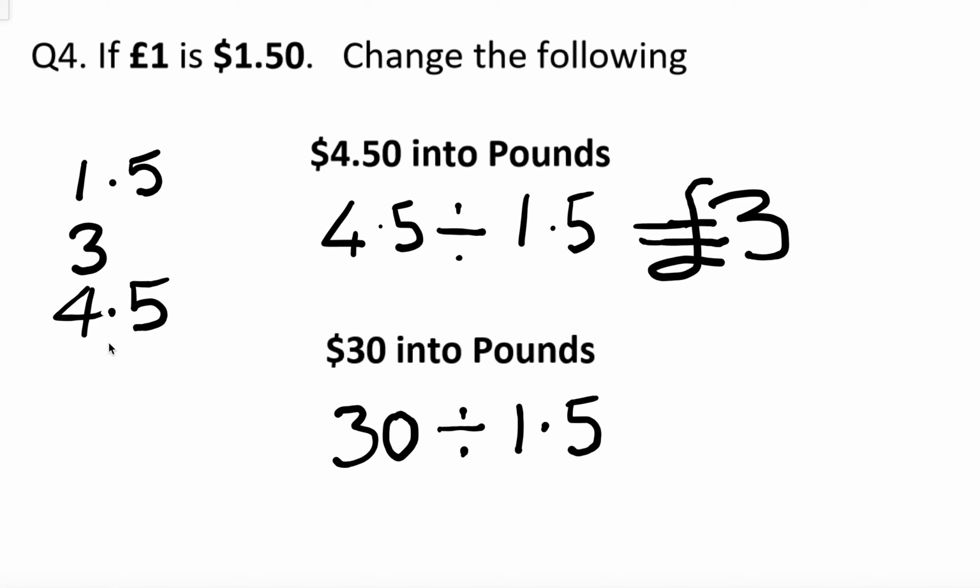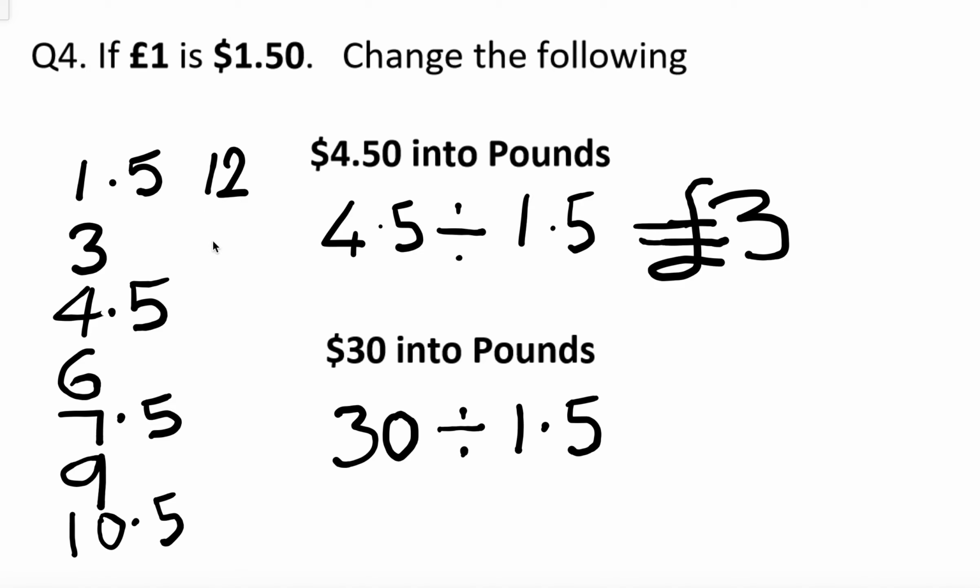So the next one will be 6, 7.5, 9. And then the next one would be 10.5. You could keep going, and the next one would be 12, 13.5. And the next one would be 15.